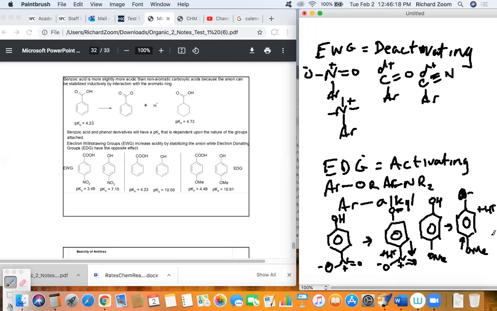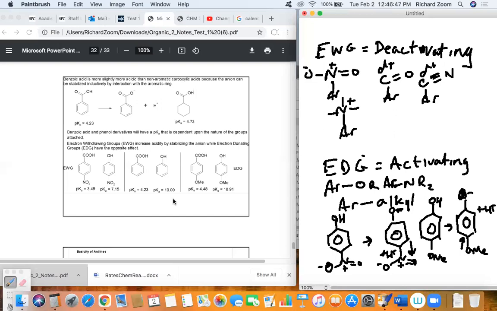Okay. I have a quick question. So with the nature of the activating and deactivating, whether it's making it less acidic or more acidic, is that really just specific to the benzoic acid and phenol derivatives, or is that in general for aromatic compounds? It'd be in general for anything, because anything that's got a positive charge on it will help stabilize something that's negative, Donna.